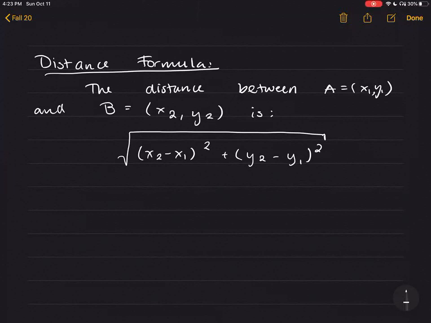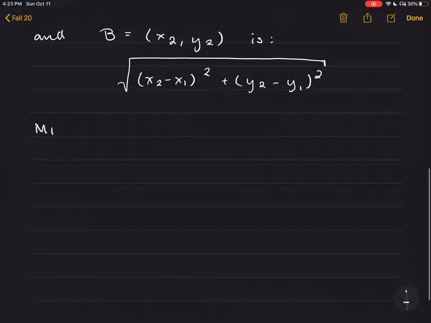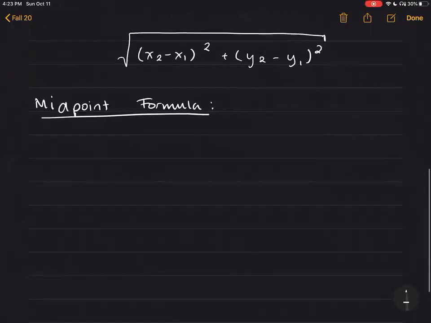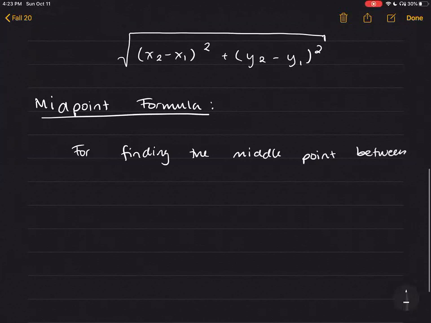But the other important formula that you're going to want to know is the midpoint formula. And so this is for finding the middle point between 2 points A, just like x1, y1, and B, x2, y2, just like the previous example.